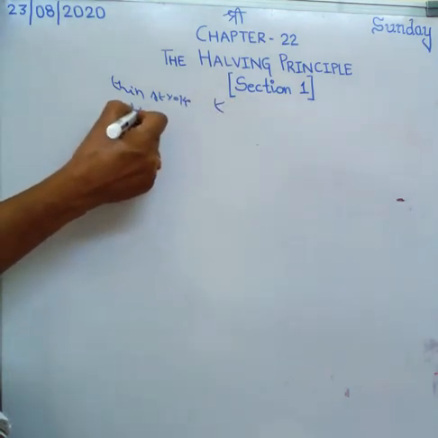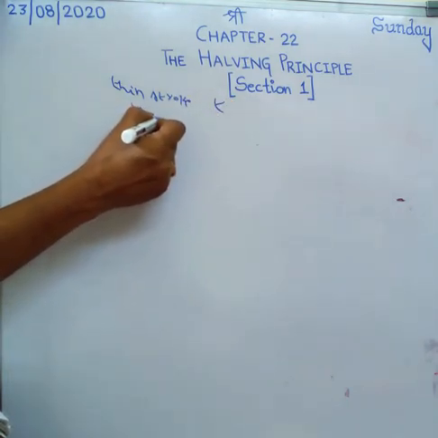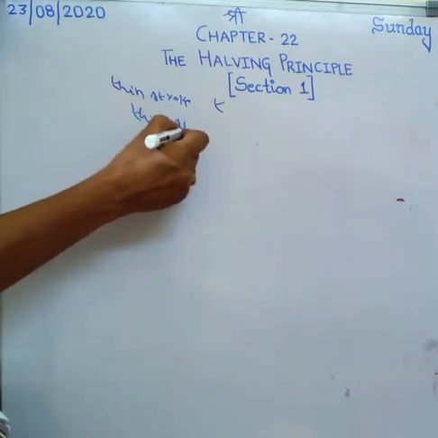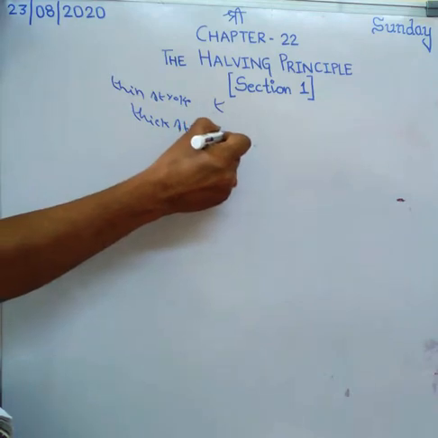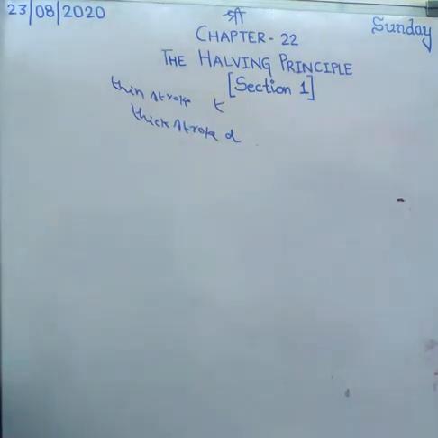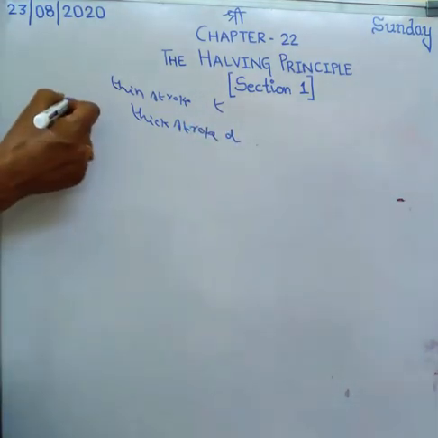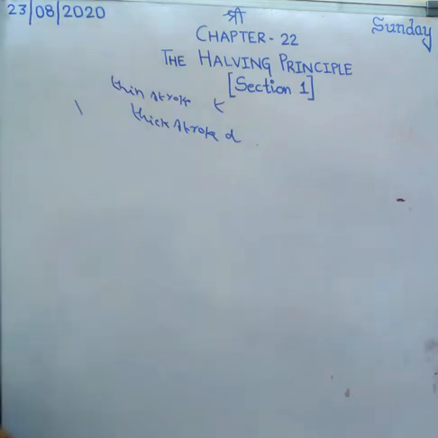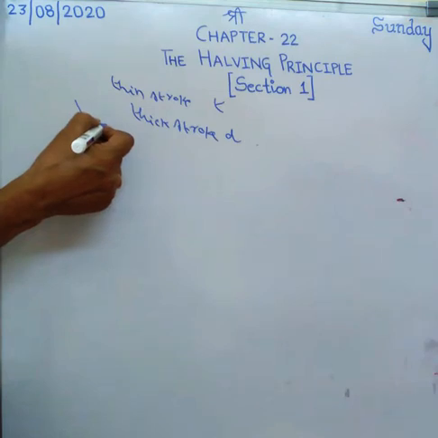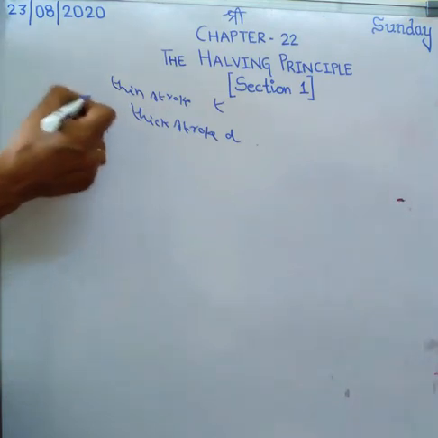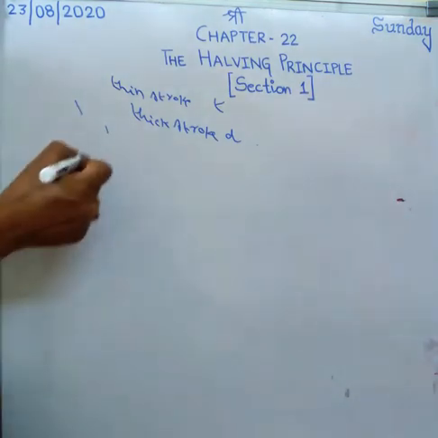When a thick stroke is halved, only the D sound is added. We know the normal length of a stroke is 1/6 of an inch. Now, if you halve it, when a thin stroke is halved, only T is added.